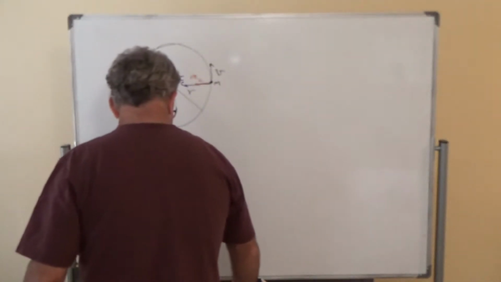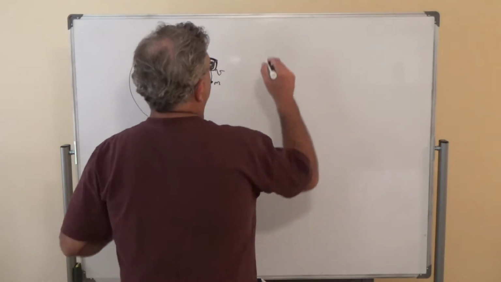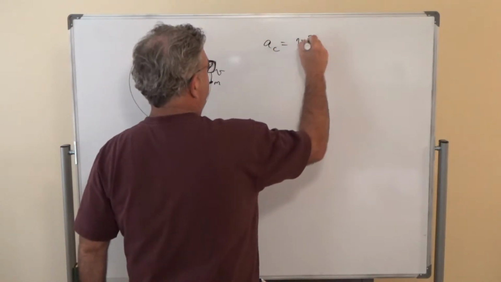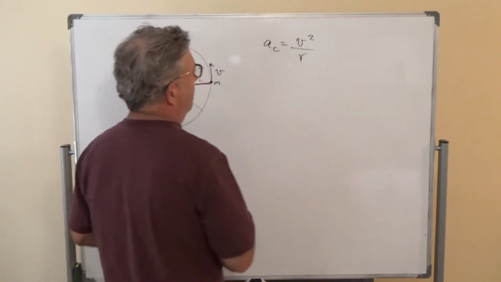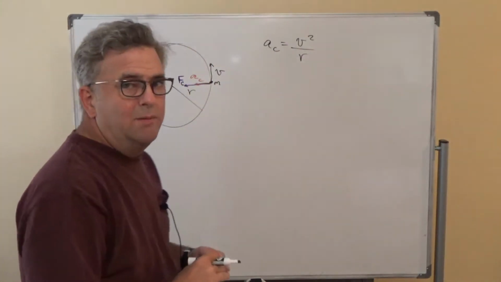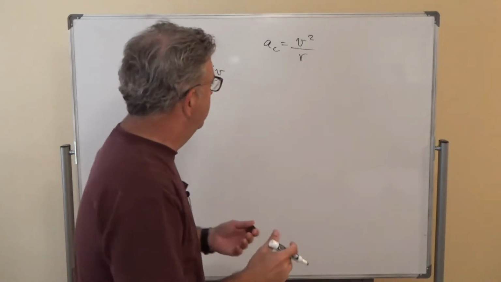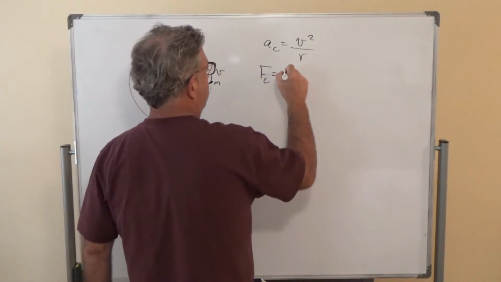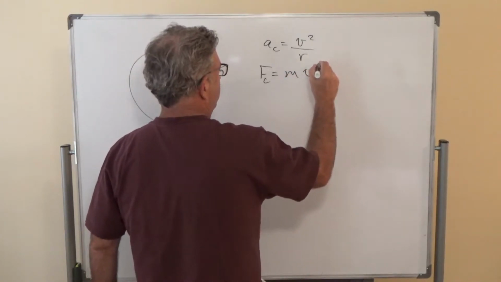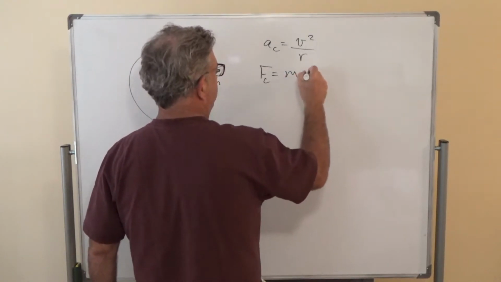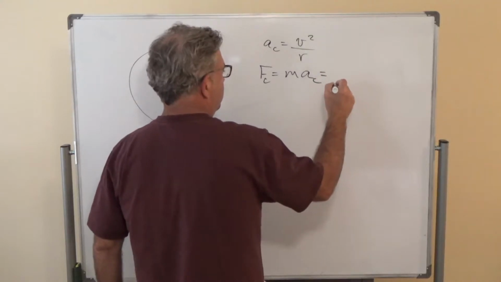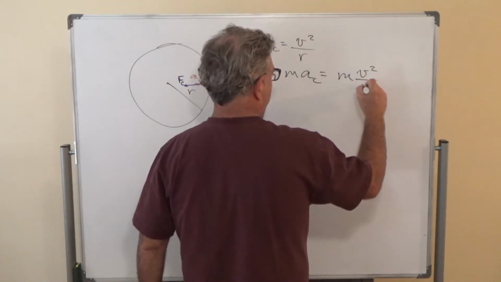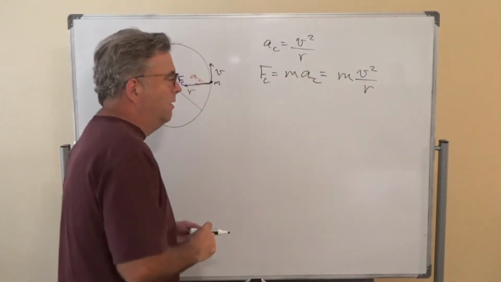Just like you would expect, we already know that the centripetal acceleration is v squared over r. Mass times acceleration is force. So the centripetal force, F centripetal, is equal to m a_c, which is equal to the mass times v squared over r.